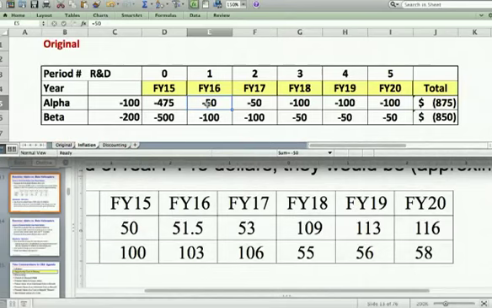instead of these numbers here, if I put in, for example, negative 51.5, negative 53, negative 109, negative 113, negative 116, and then for beta, of course, negative 103, negative 106, negative 55, negative 56, negative 58.